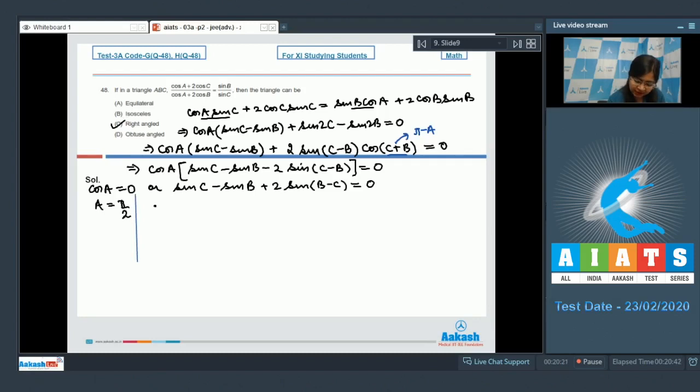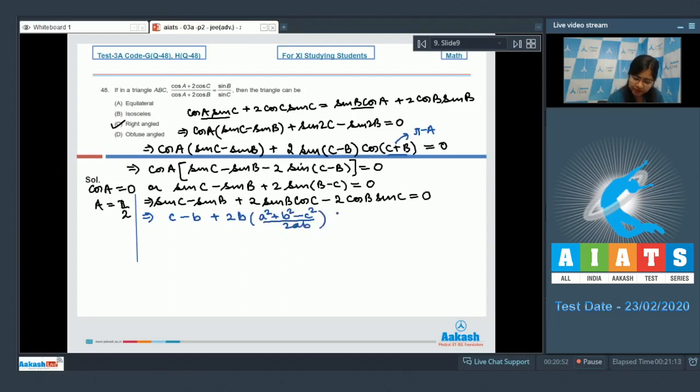Now next we can write it as sin C minus sin B plus 2 into sin of (B minus C), that is sin B cos C minus cos B sin C, equal to 0. So further this can be written as, applying sine rule, (c minus b) plus 2b into (a square plus b square minus c square) upon 2ab minus 2c into (a square plus c square minus b square) upon 2ac equal to 0.